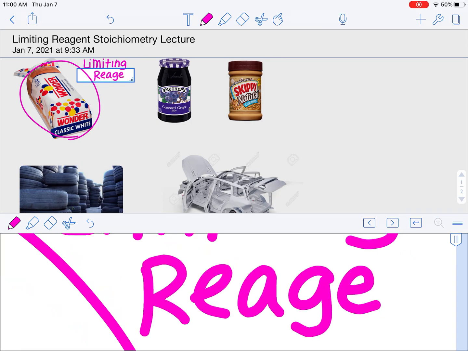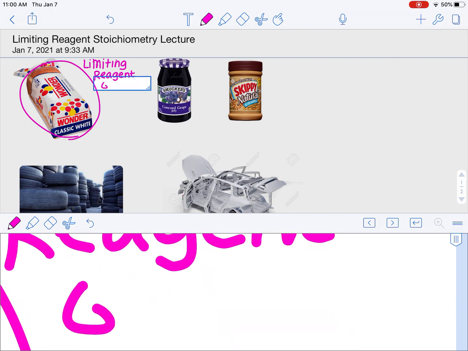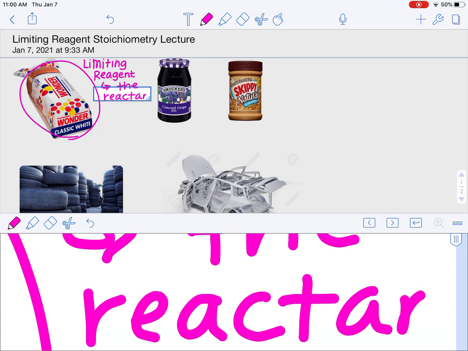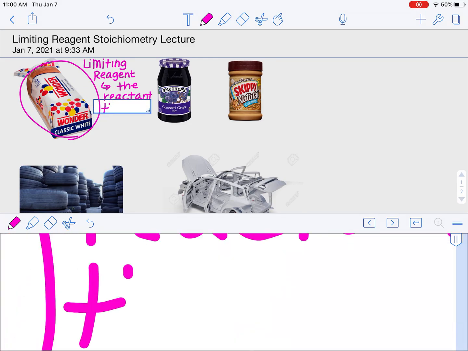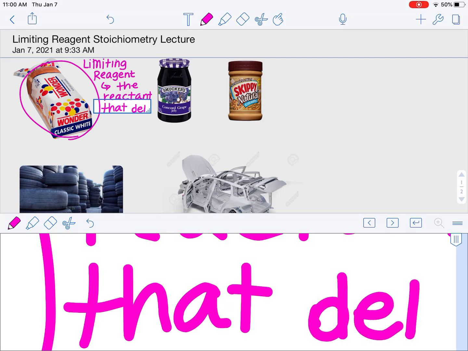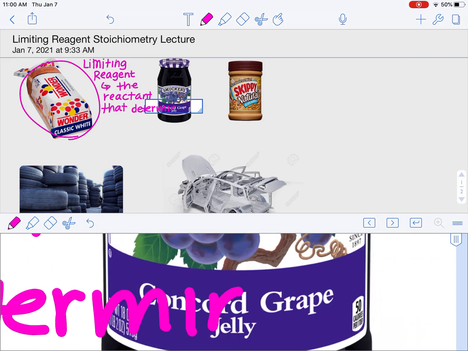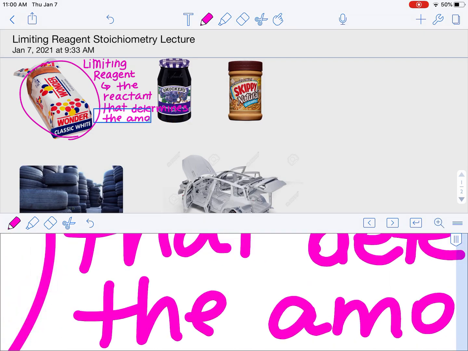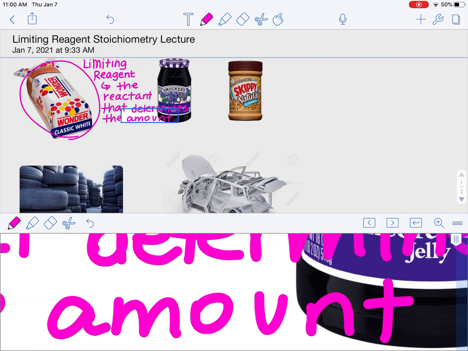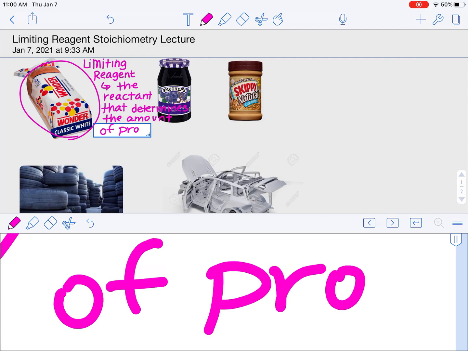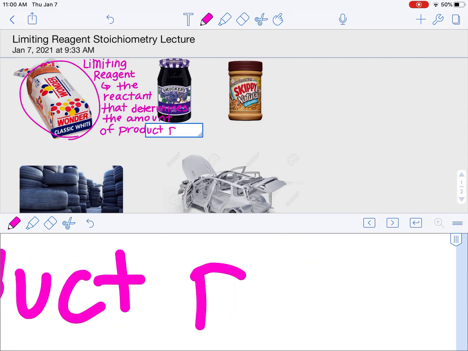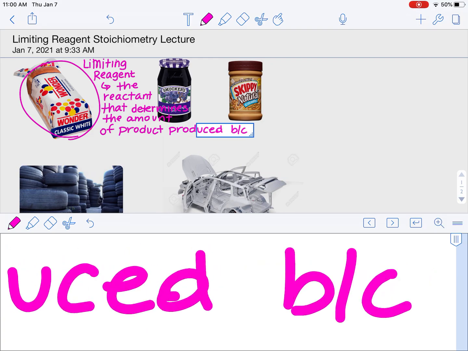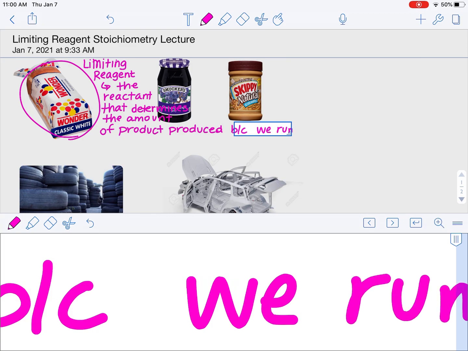The limiting reagent. The limiting reagent is defined as the reactant that dictates or determines the amount of product produced because we run out of it first.